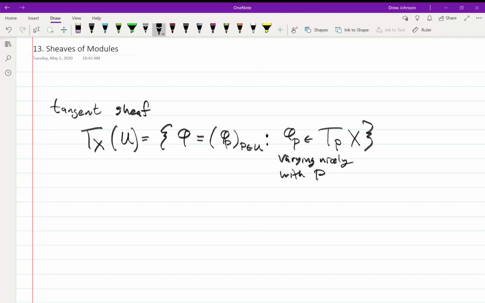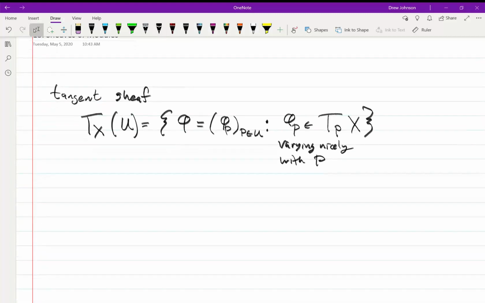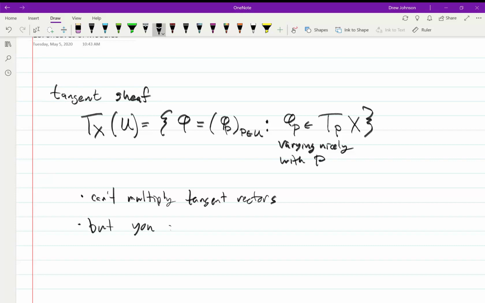Now, also up to now, all our examples of sheaves have been sheaves of rings. The tangent sheaf is not a sheaf of rings because you can't multiply tangent vectors, right? The tangent spaces have the structure of a vector space, not a ring. So yeah, let me write that down. You can multiply by scalars.